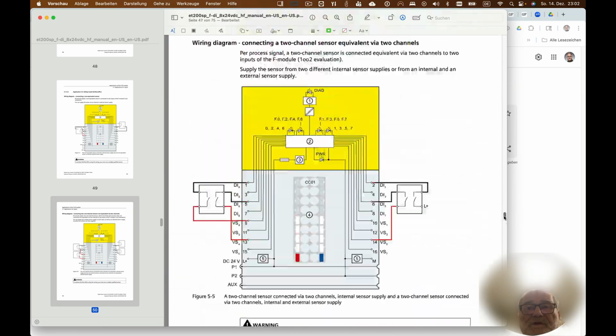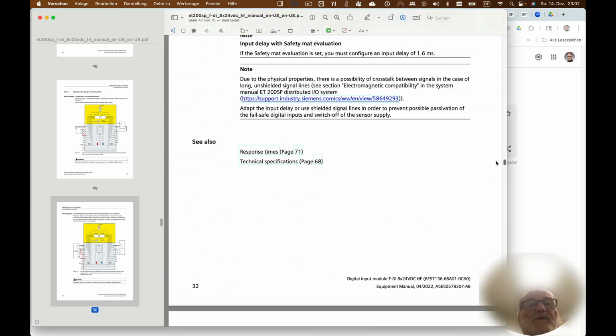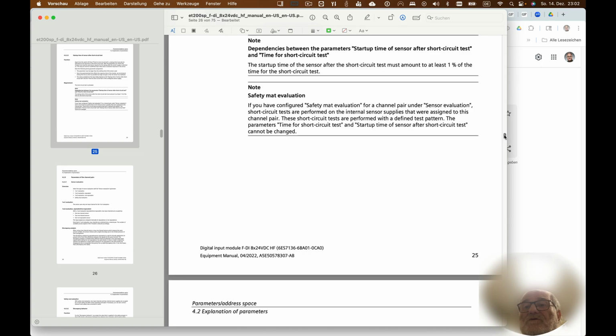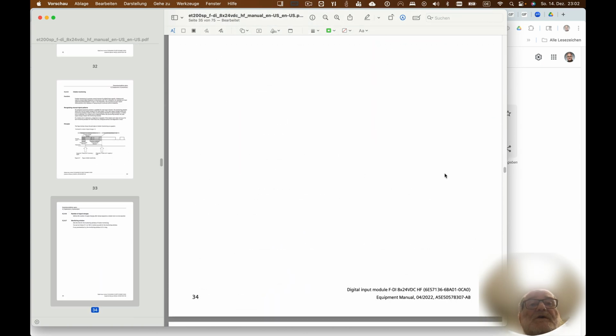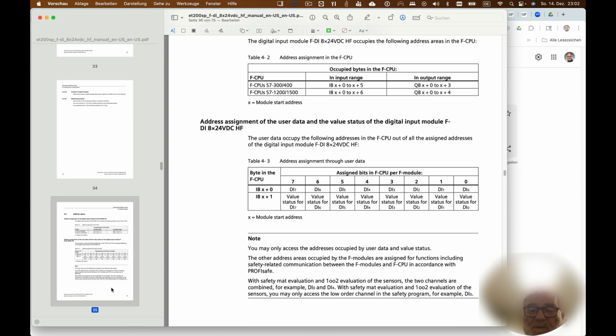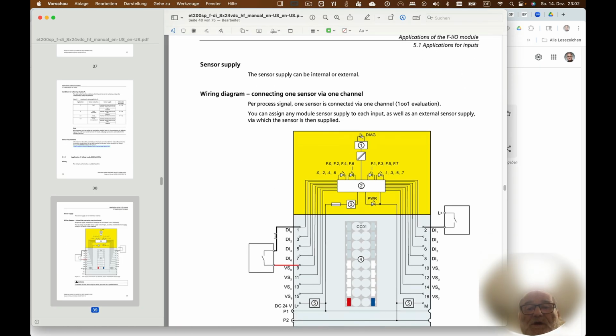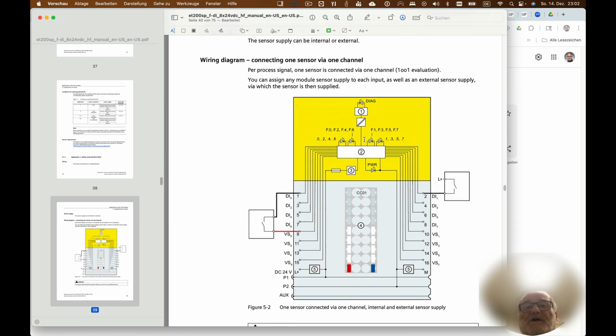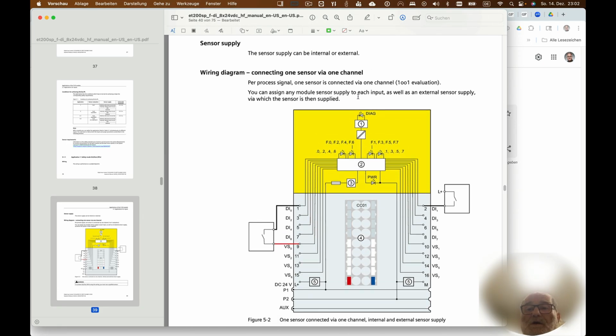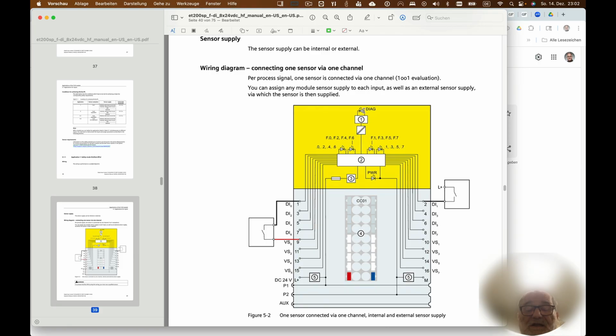This looks just like on page 39. Here we are. So this is the 1oo1 evaluation. Like I said, with this you don't reach any PLe. You can also use it for a reset, or maybe I use it for a reset because I don't have a non-safe module.